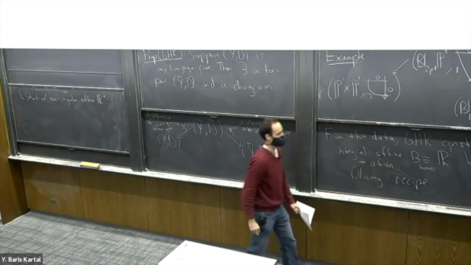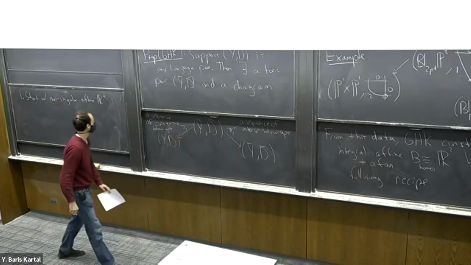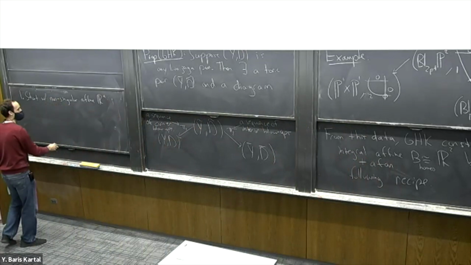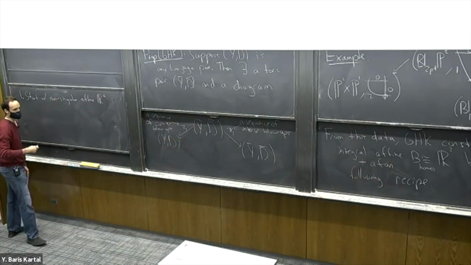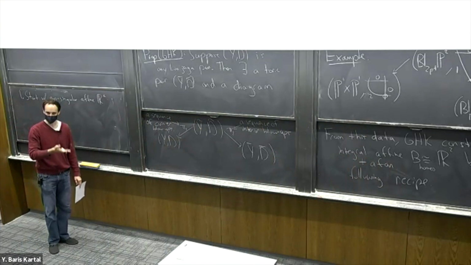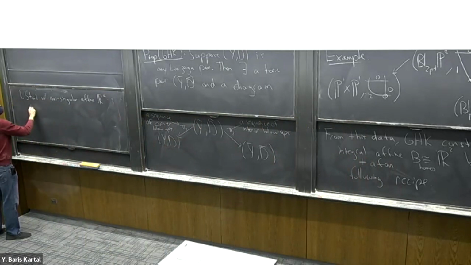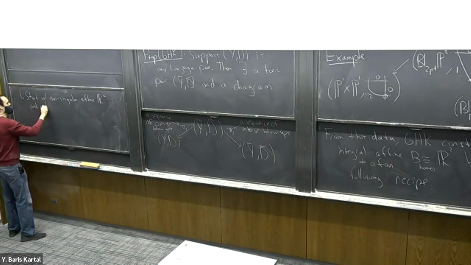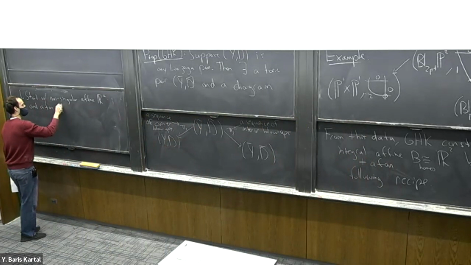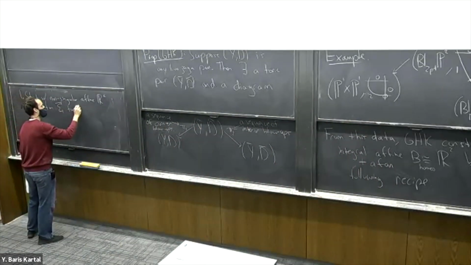So not just the base, you get some extra data. Okay, so I start with a non-singular affine R2, which is just the base of like some log map on the interior of the toric thing is what you should think. And the fan, and a fan sigma bar for y bar.